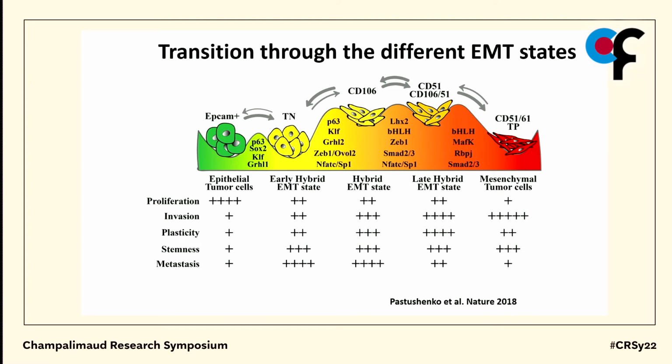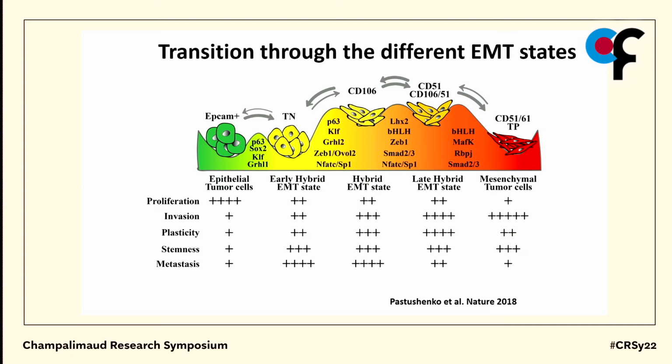So I didn't have the time to present you all the functional data here, but what I show you is that EMT is not a binary process. It's accompanied by distinct transitional states. It's very much a continuum of tumor states. There is a lot of plasticity in between these tumor states.